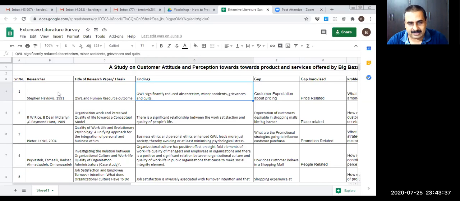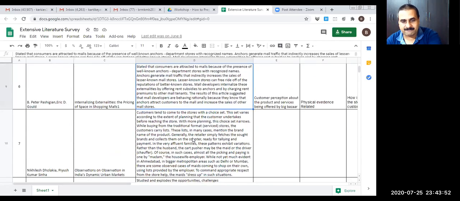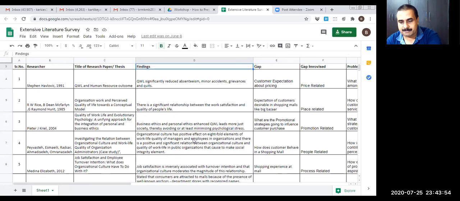So if I have identified a researcher's name, the title of the project or research paper, then its findings, and then the gap, likewise I'm going to do the entire process for different papers, and for every paper I'm going to write the basic gap. Every research paper usually gives a gap, saying that on this particular area we were not able to work, and if further research is going to be done, it should take care of this particular gap area.